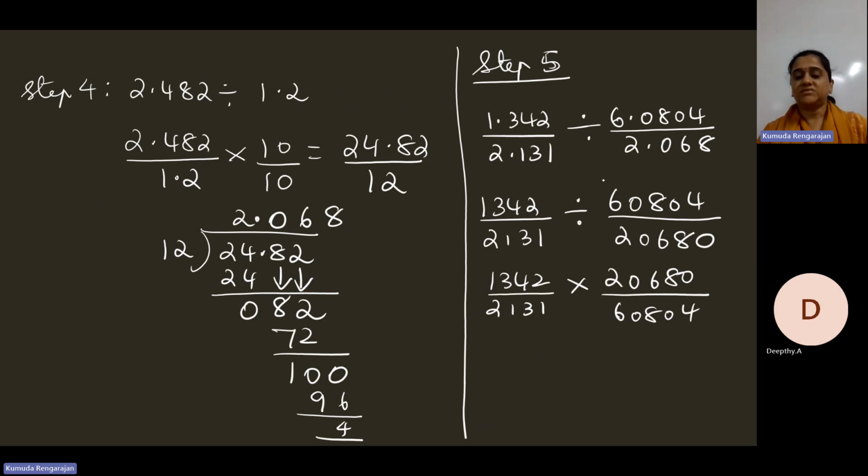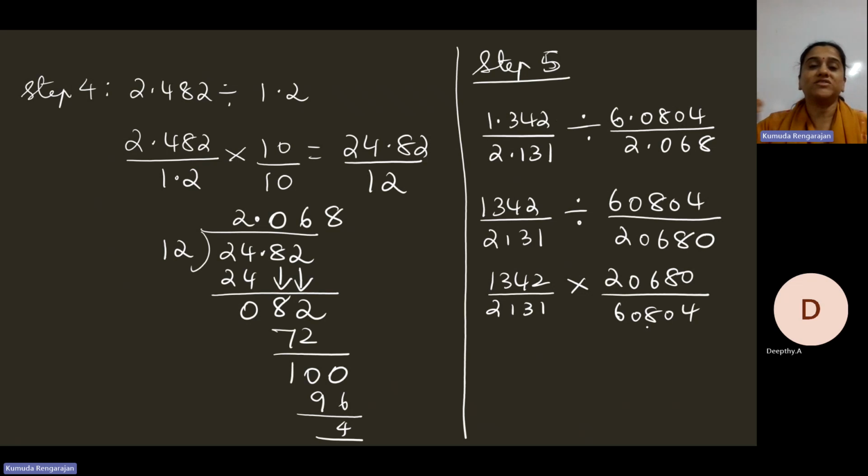Okay, so the final step, you finish it. You should simplify, try to simplify like in the tables of 2. Simplify, then multiply the numerators, multiply the denominators.